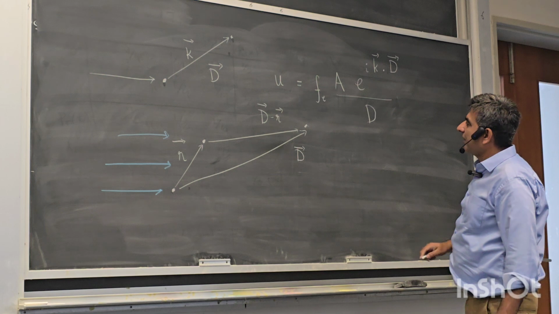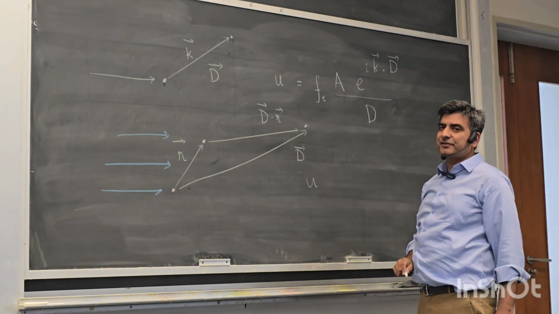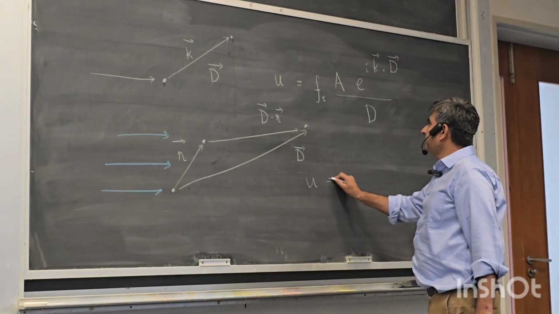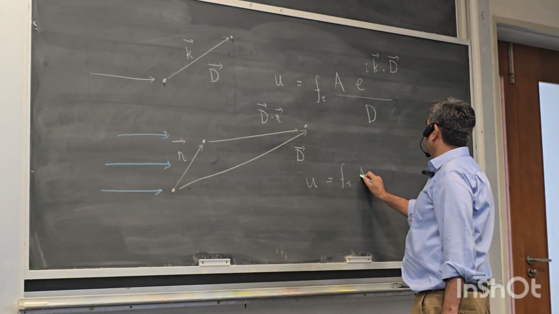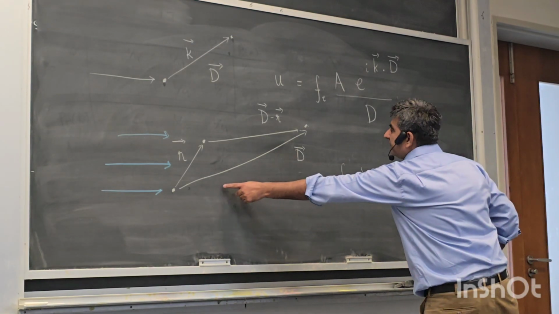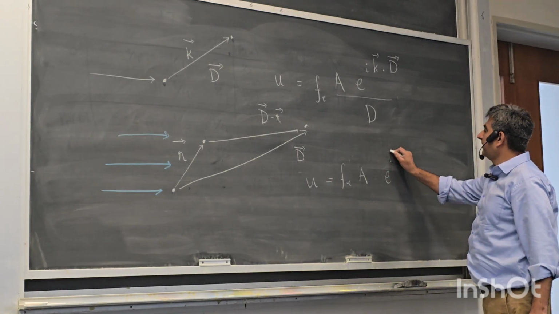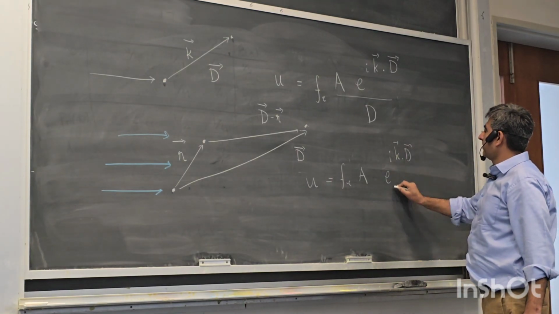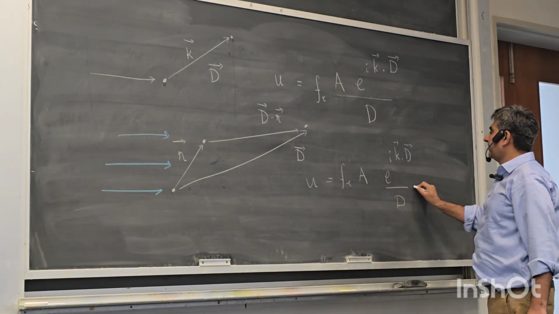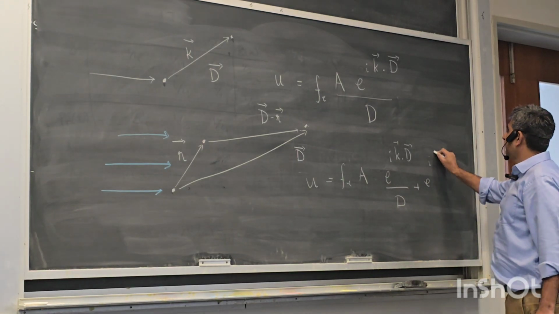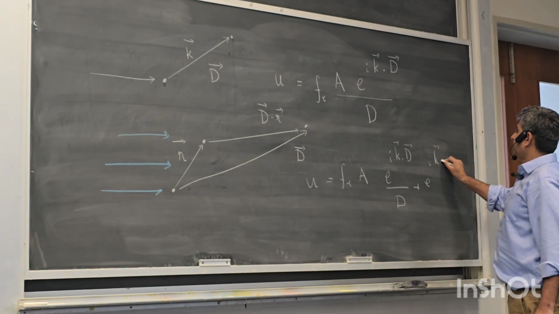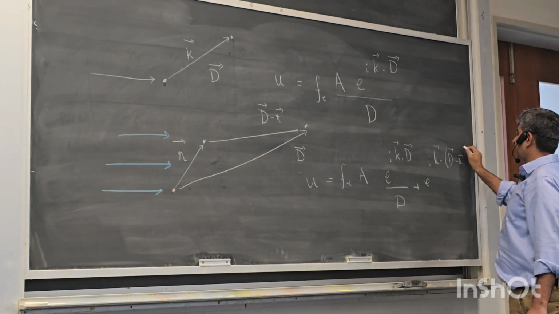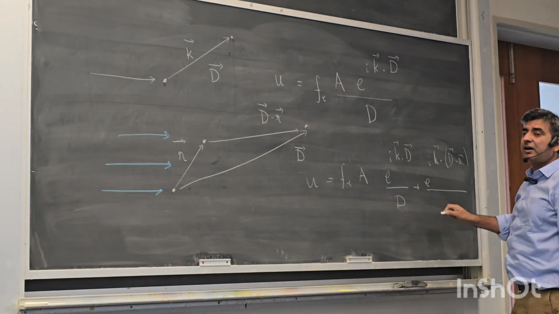If you now find the scattered intensity from these two electrons, it's going to be Fe A, and from the first electron, e^{iKd} over d. From the second electron you have e^{iK(d - r)} over (d - r).